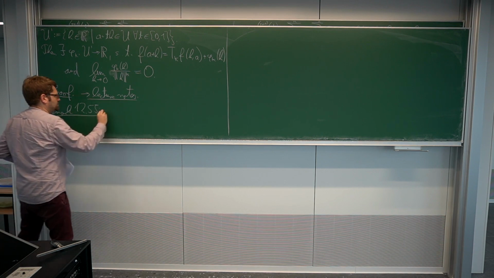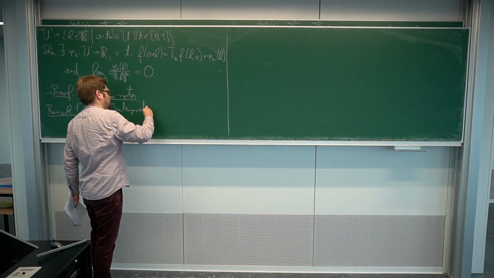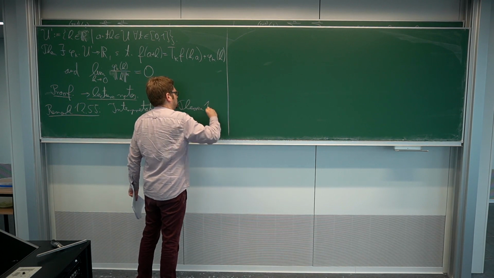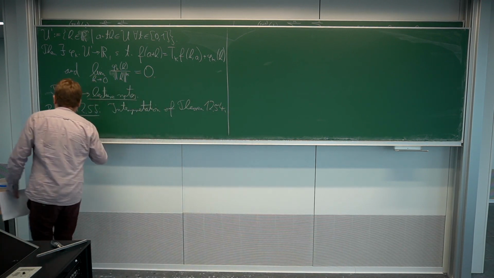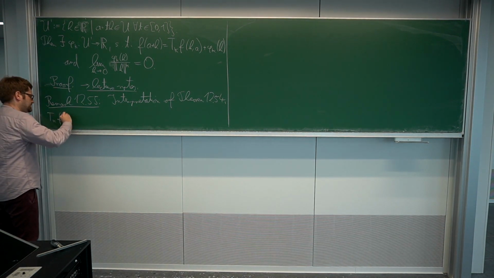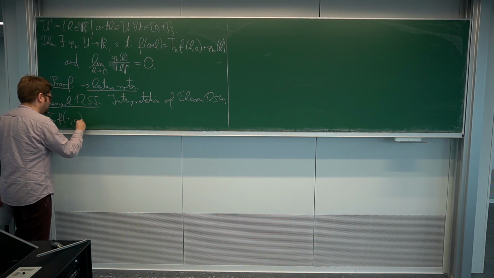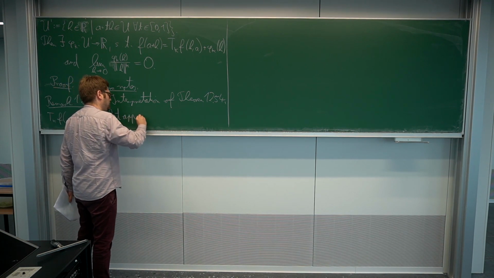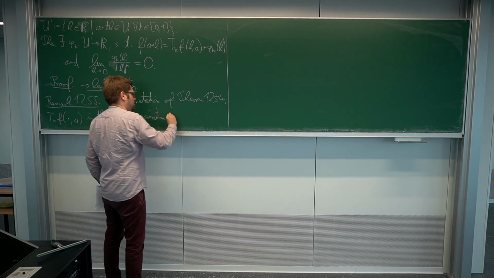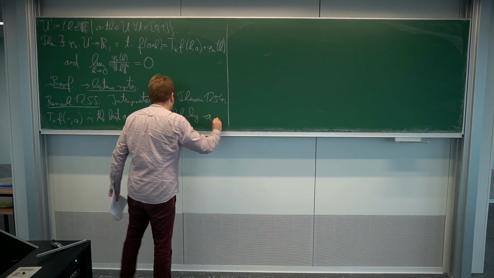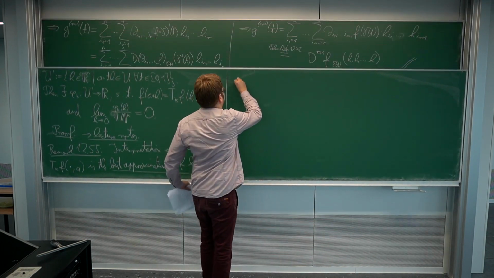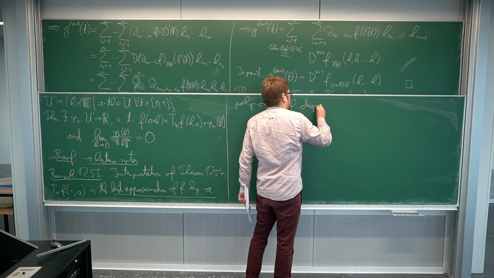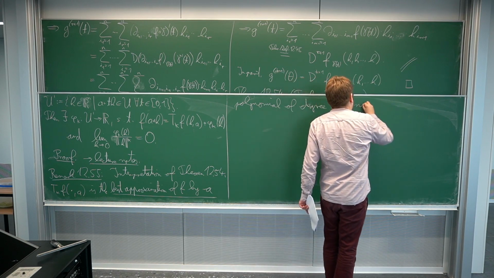Remark 1255. The interpretation of this theorem, of the Peano form, theorem 1254, is that T_k f in the point a, in the variable here I leave open, is the best approximation of f by a polynomial of degree smaller than or equal to k near a.